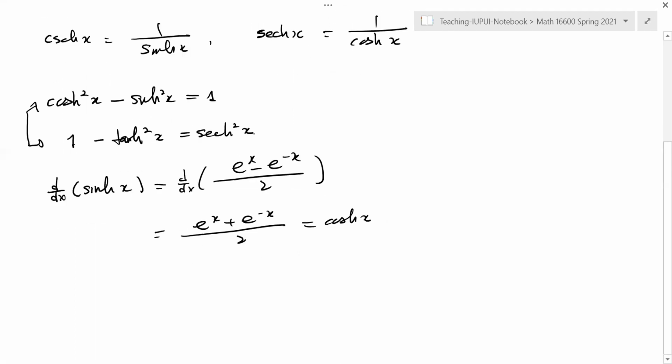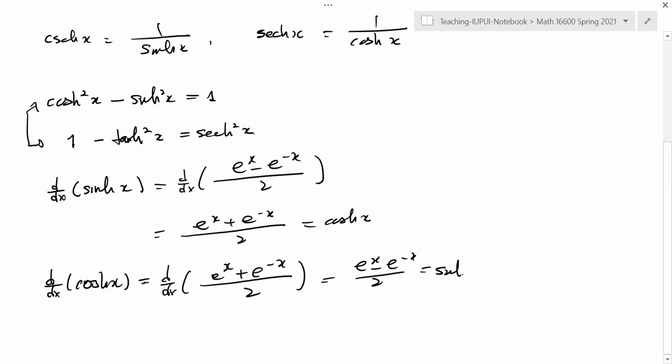And similarly, the derivative of hyperbolic cosine x gives you hyperbolic sine x, but not negative. Remember the derivative of cosine x is negative sine x, but here you never get a negative. Plus e to the negative x, so when you differentiate the second term, you get a negative sign.